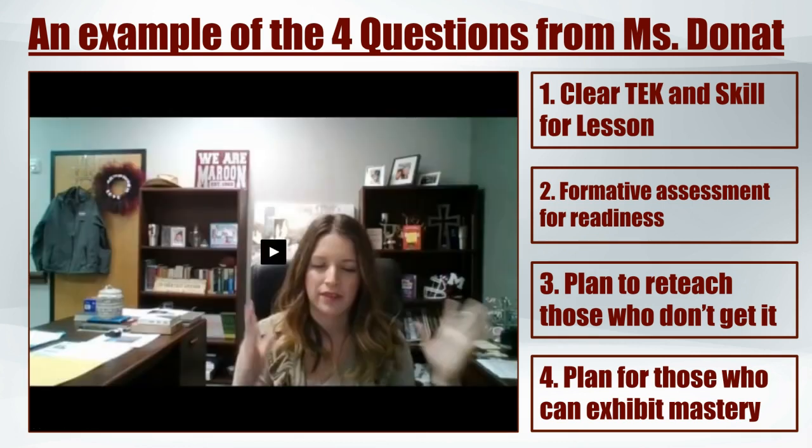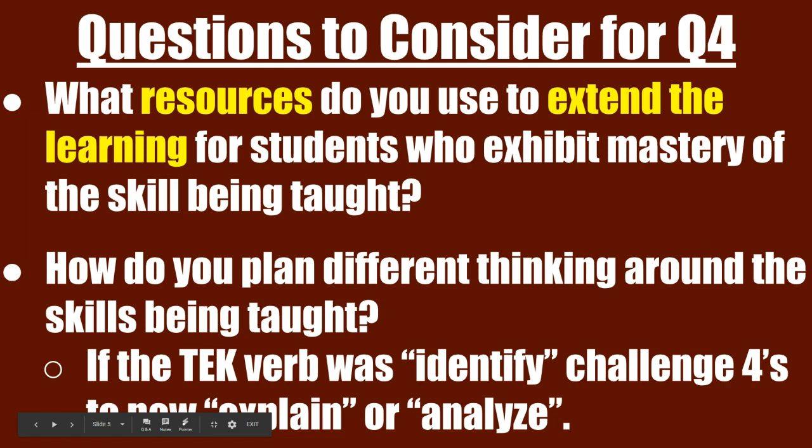Thank you, Ms. Donat, for that information. So some questions to consider for question 4. What resources do you use to extend the learning for students who exhibit mastery of the skill that's being taught? And how do you plan different thinking around those skills being taught? Something to consider is thinking about Bloom's, for example.